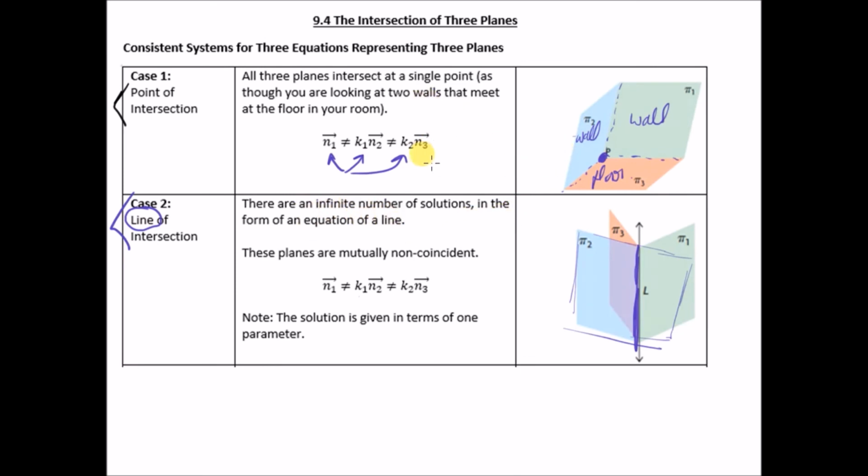So for case one, we're going to get a single point, x, y, z. For case two, we're going to get an equation of a line, x, y, z plus t times a, b, c, for example. That's like the vector form. Please note that in this case as well, all of the normals are not scalar multiples of one another.